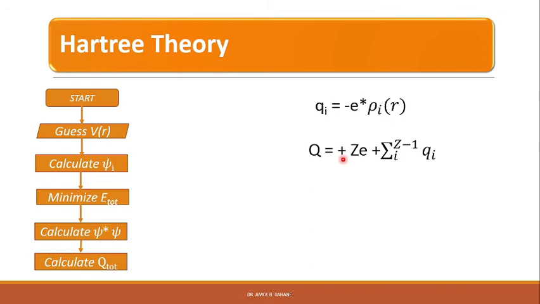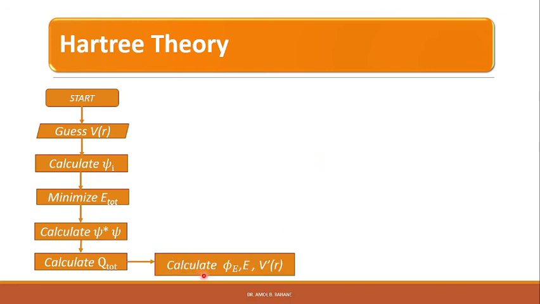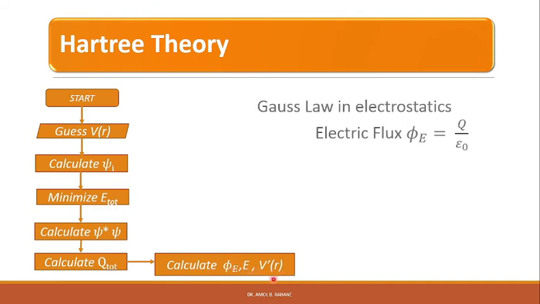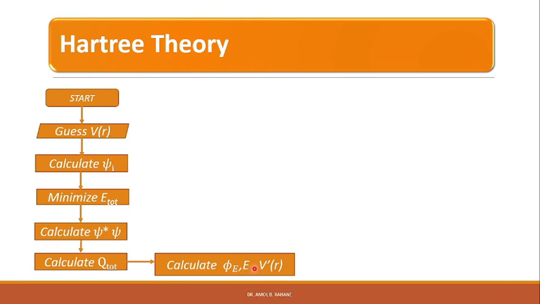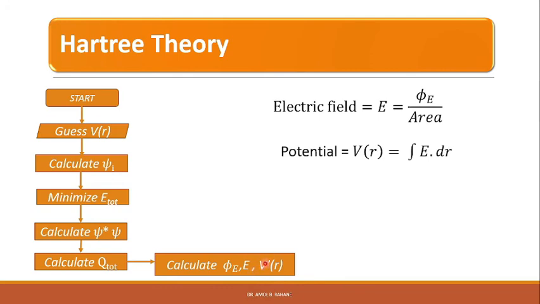It is not the total charge of the atom, but it is the charge experienced by a typical electron, right? Now from this charge we calculate the phi e and V'(r). That means we calculate the electric flux, then we calculate the electric intensity, and we calculate the potential, right?